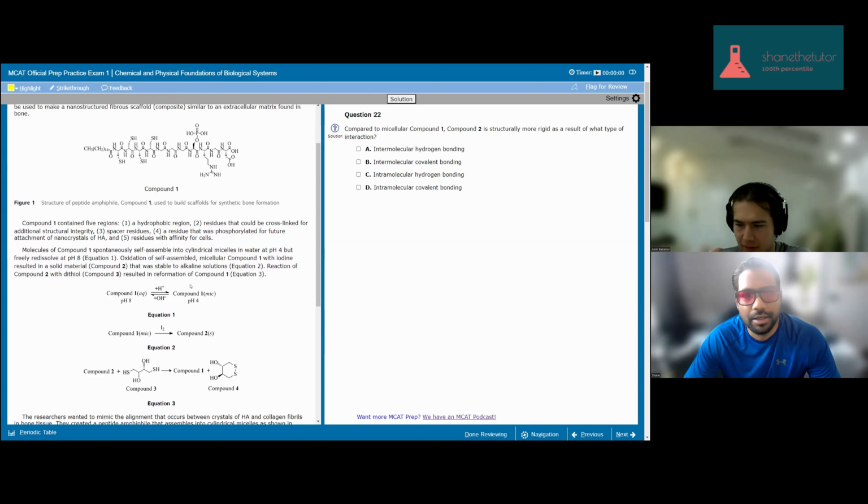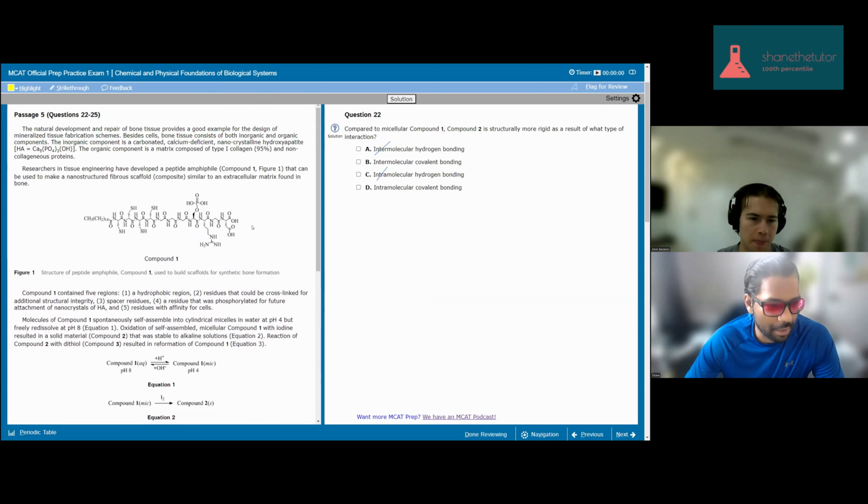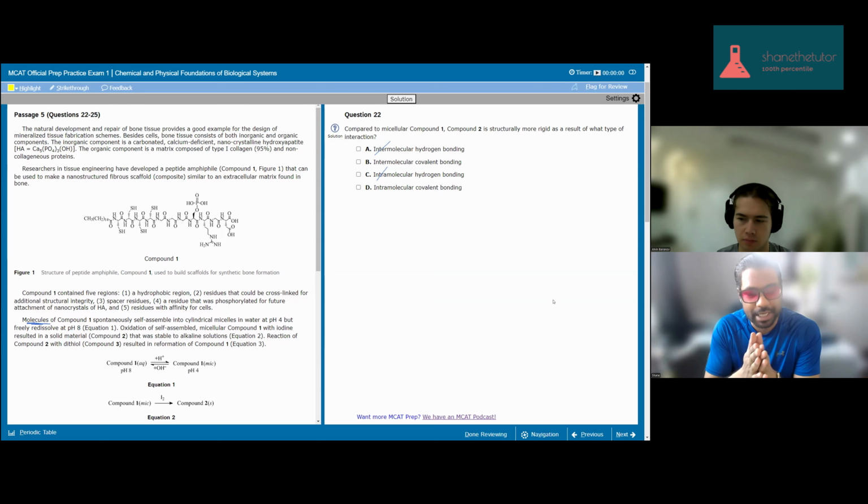I would just do it like this: oxidation means making disulfide bonds, which are covalent, so let's get rid of A and C. Then the tricky part is that typically covalent is intramolecular, but since they're telling us that multiple molecules of compound 1 come together, this time it's intermolecular, since it's between molecules of compound 1 rather than within the molecule.